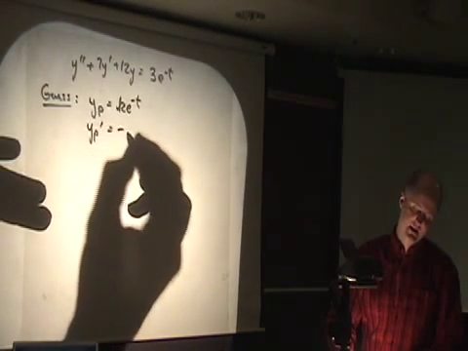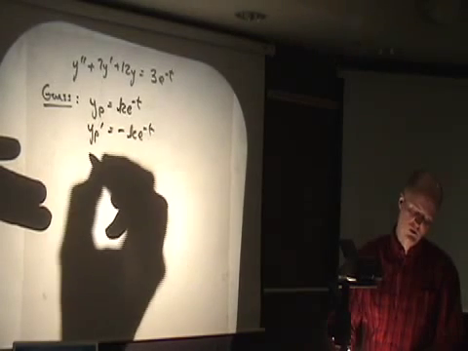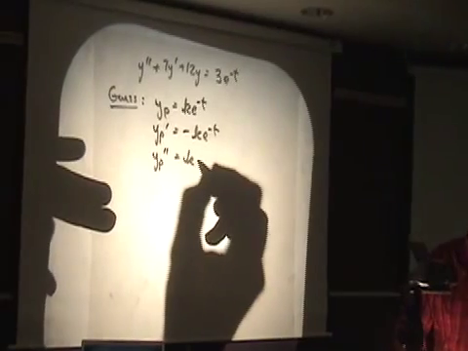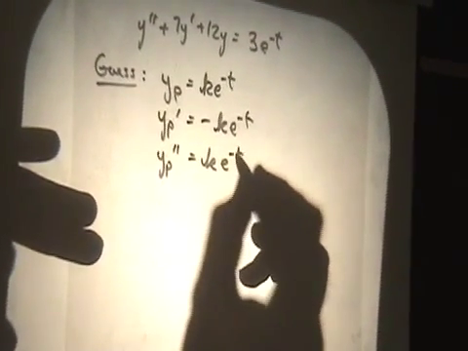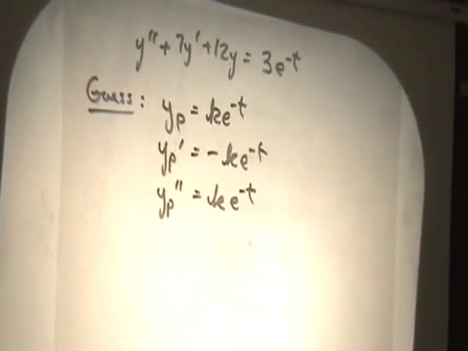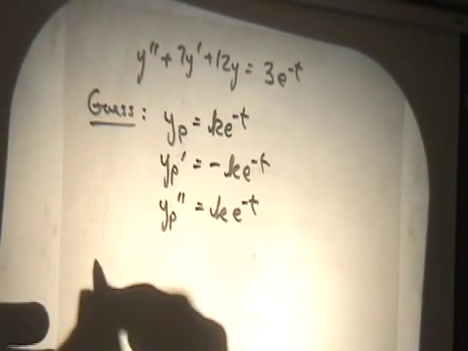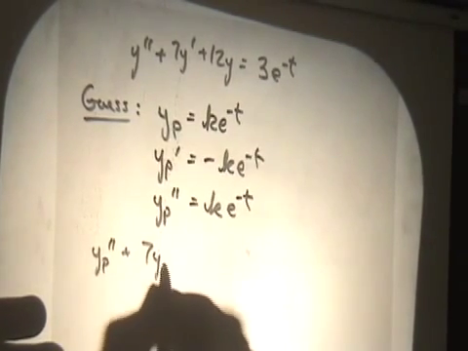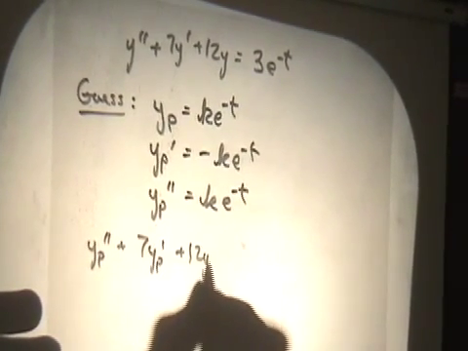y prime is -k e to the negative t. y double prime is back to y itself, k e to the negative t. Substitute it into the second-order equation: y_p double prime plus 7y_p prime plus 12y_p.